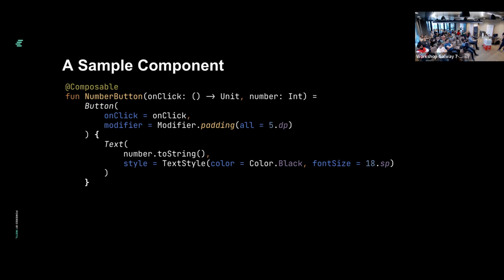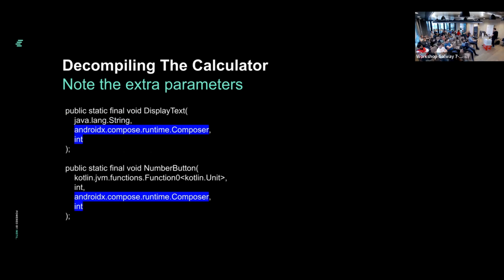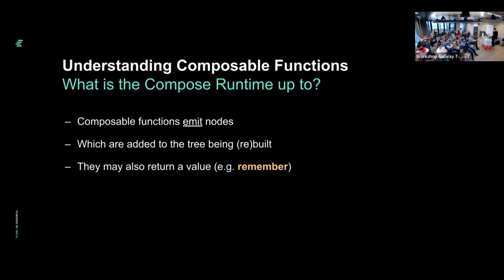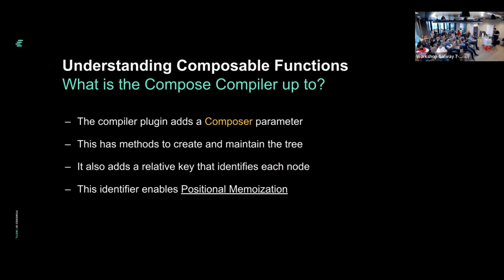So we're going to have many number button widgets. We need each number button widget to be unique, because technically, if we only changed one of those buttons, that might be the only one that needed to be re-rendered. So that's the purpose of the integer. The integer is adding a key that identifies each node. And the ability to do that is what they refer to as positional memoization.